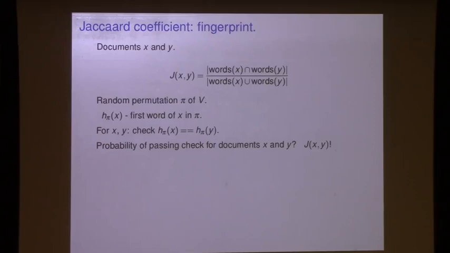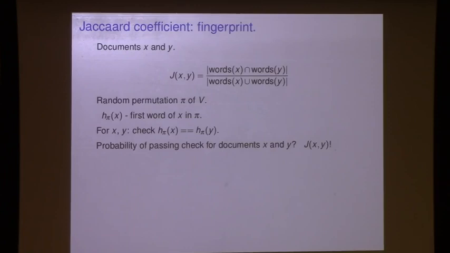The first word is equally likely to be any of them. The probability it's in the first set out of the whole set is the size of the first set, the numerator over the denominator. The first word could be any one of these words in the denominator, and the probability it's one of the words in the numerator is just the size of that set.